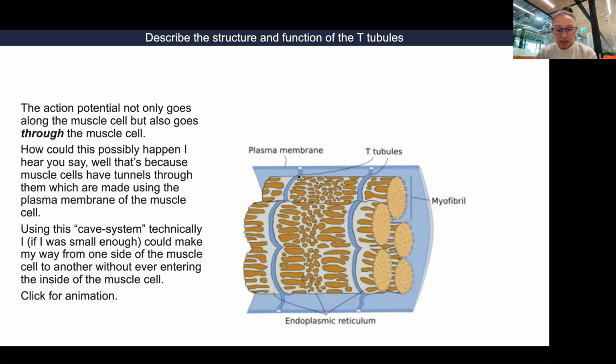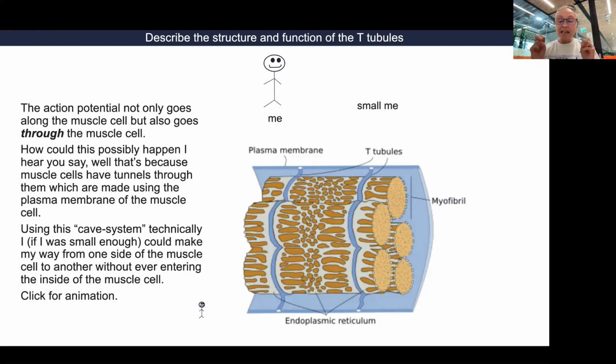And look, it's got tunnels that go through the muscle cell. So technically, if I was small enough, I could go through those tunnels and end up at the other side of the muscle cell. So the action potential goes from the neuron to the muscle cell, along the muscle cell, and through the muscle cell.